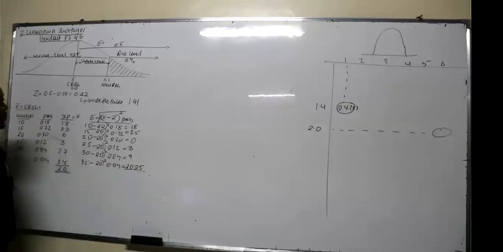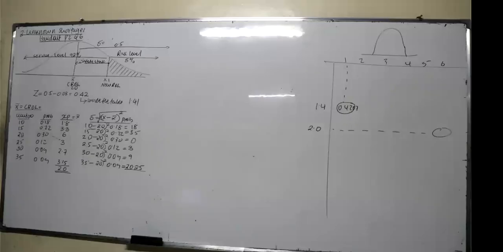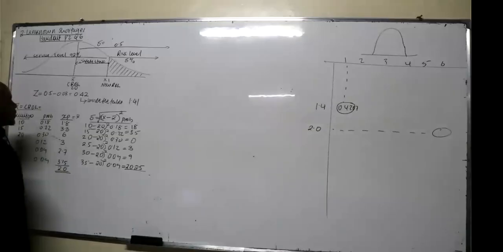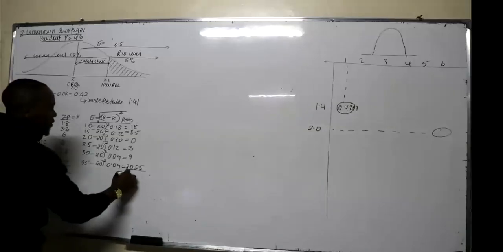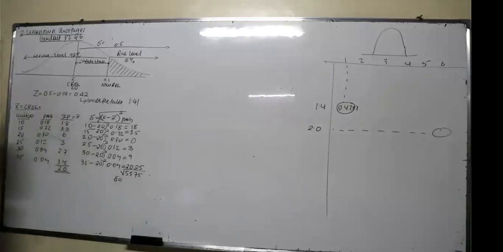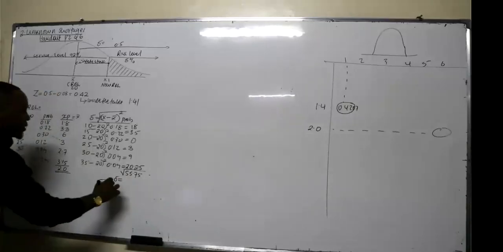Now give me the total. 55.75. Then you get the square root. You get 7.5.